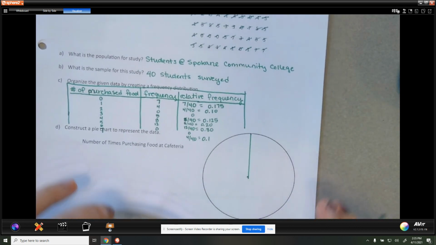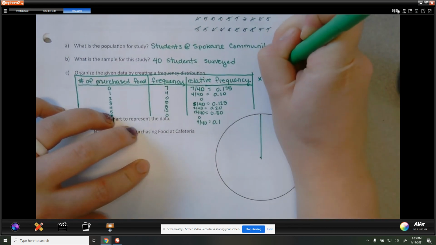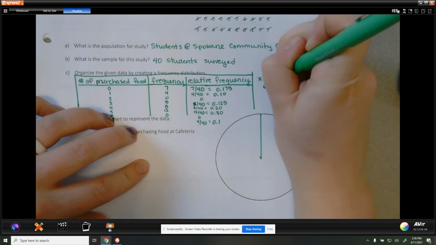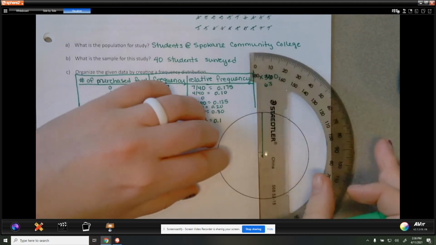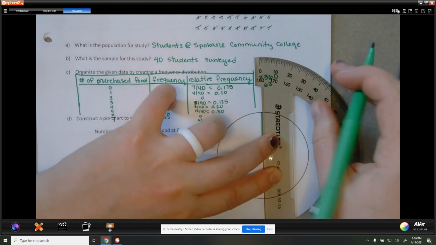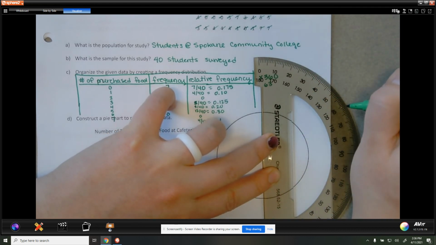Okay, so here we go. My first one, I'm going to need to multiply all of these by 360. So these are my degrees. So 0.175 times 360. That is 63 degrees for this one. So here I go. I'm going to mark 63 degrees and line this up. 63 degrees, which is out here. 1, 2, 3.